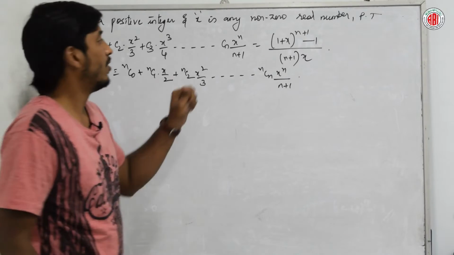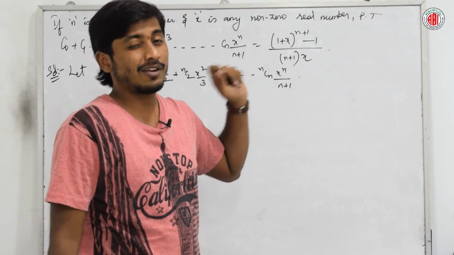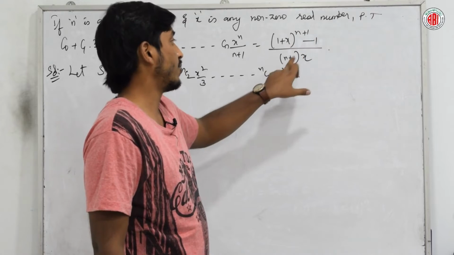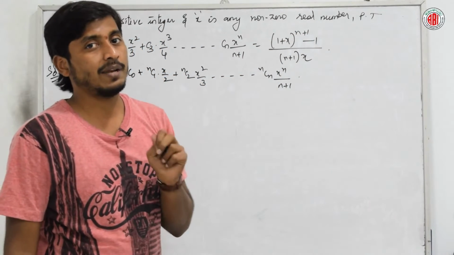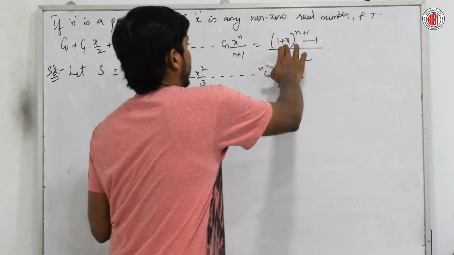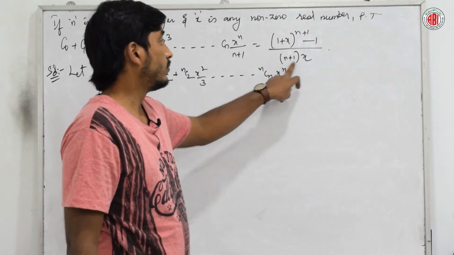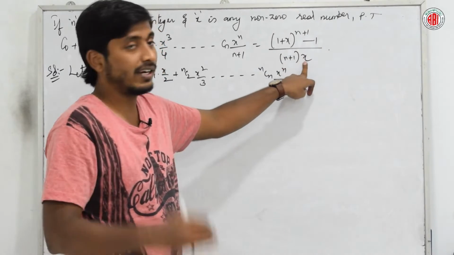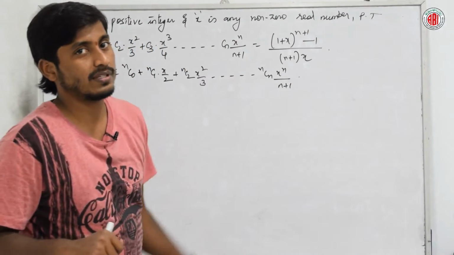Clear? Now, whatever you have on the right side, just check all the terms. We have 1 plus x whole power n plus 1, we have minus 1, n plus 1 into x. If we correctly manipulate and multiply, we will get this term. So, what is left? n plus 1 into x, which is in the denominator. Now let us multiply x on both sides.